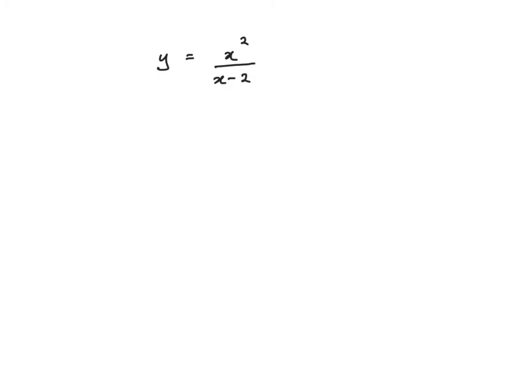So here is the original form. You can see there's a vertical asymptote at x equals 2. But this original form can also be written as x plus 2 plus 4 over x minus 2. Now if we consider what happens to the function as x tends to 2 from below and 2 from above.